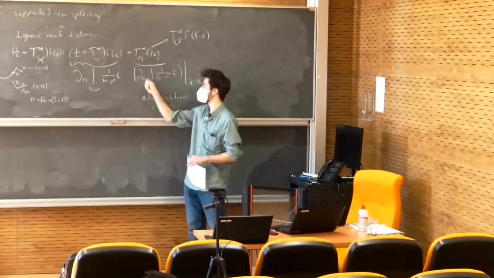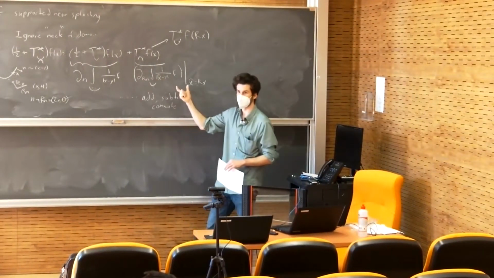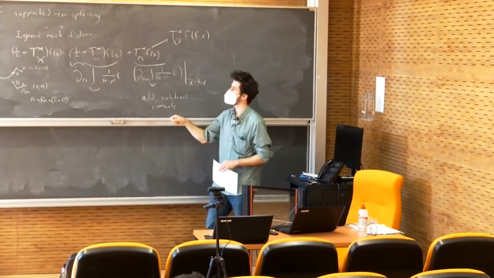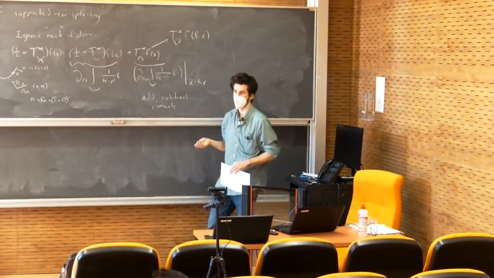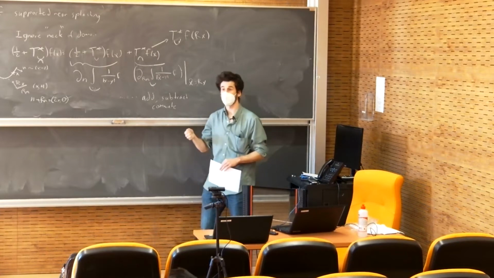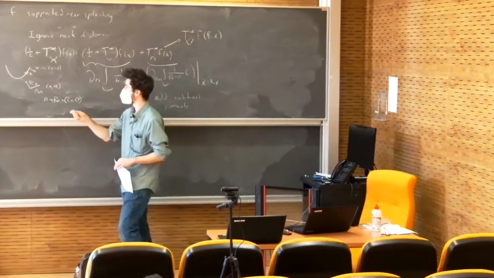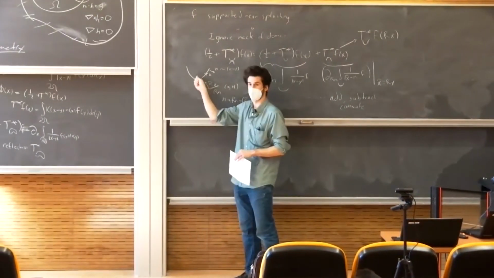Like I can't commute, if this is a single layer potential, and here I have some derivative that depends on where I am with respect to x, I can't commute anything like that. But I can keep track of the error if I do things very carefully for functions supported in a tiny neighborhood of this, okay?